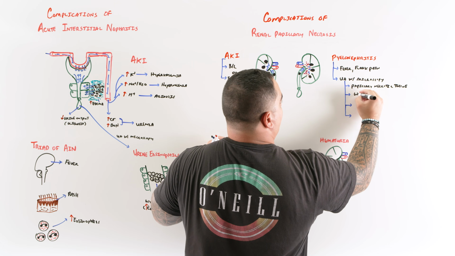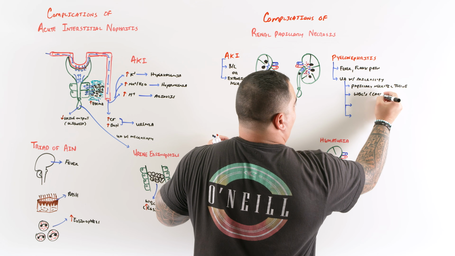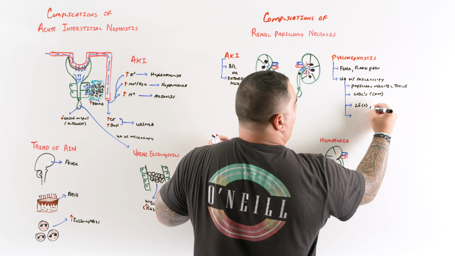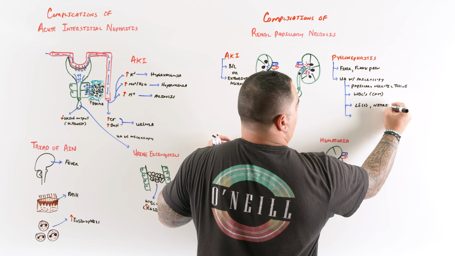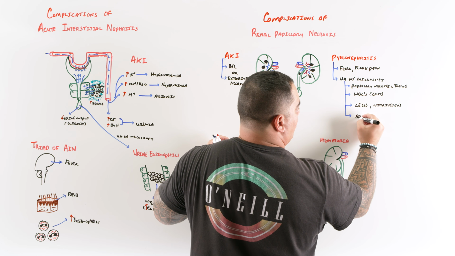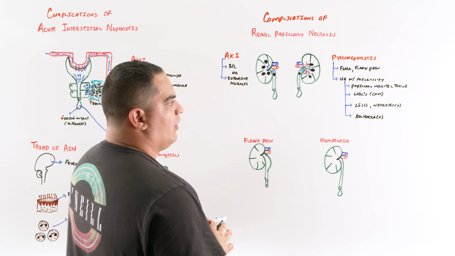Look for increased white blood cells, right? And then usually they're in a cast formation. Another thing is look for leukocyte esterase to be positive and nitrites to be positive. And then lastly, look for the presence of bacteria, right?